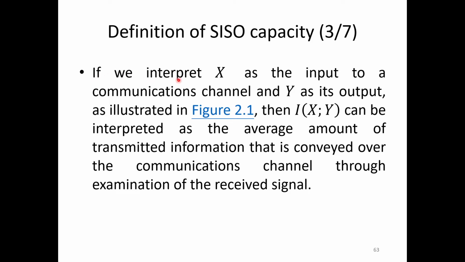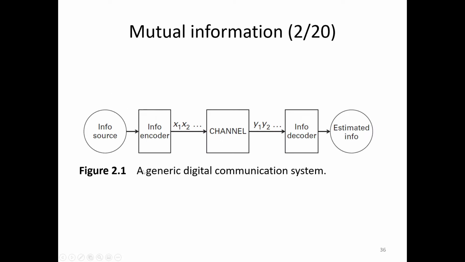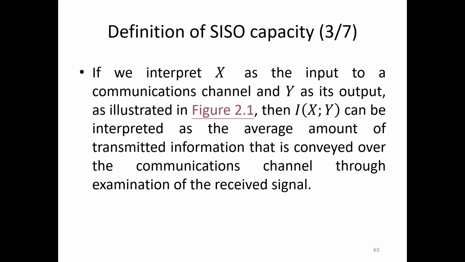If we interpret x as the input to a communications channel and y as its output, as illustrated in figure 2.1, we have seen this figure earlier in today's course. Back to page 63.